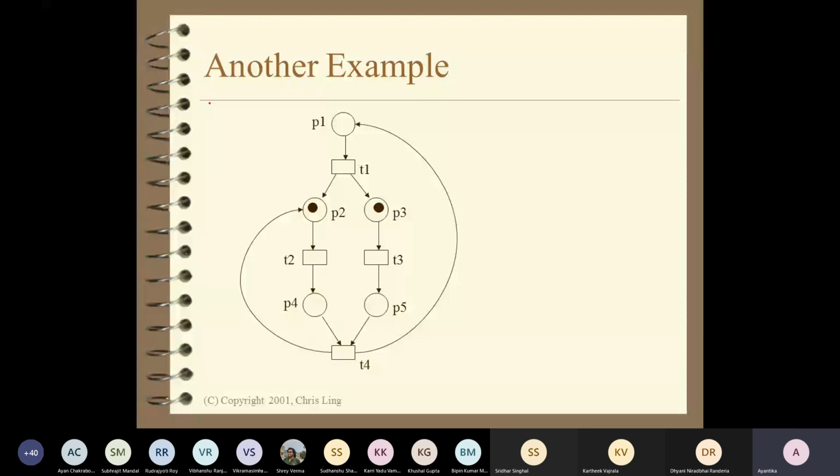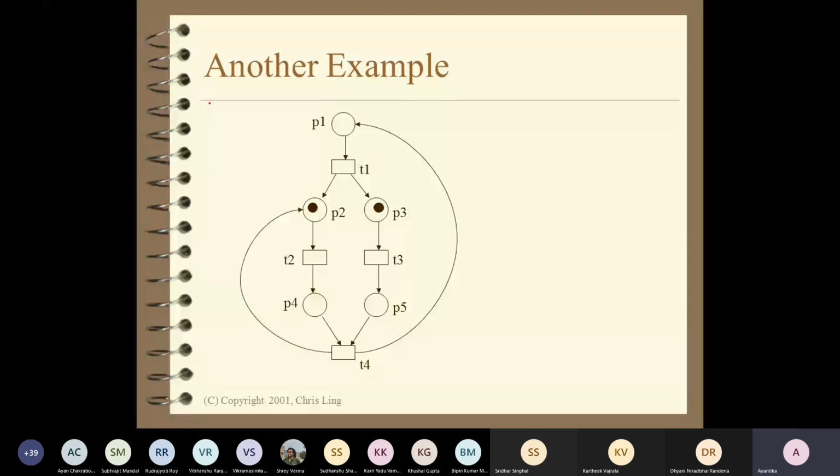Number two, if your system is bounded, that means a fixed number of tokens is possible in a particular place, whether with that bounded condition and with a given reachability condition, your specification will remain live or not, deadlock free or not.